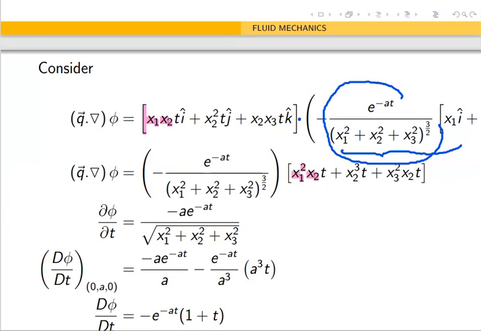And similarly for the second vector, we have x2 square and there it is x2, so x2 cube t as it is, plus the third part x2 x3 t, and there will be x3 here. So you get x3 square x2 t as it is. Fine. So therefore, q dot gradient phi is this whole thing.